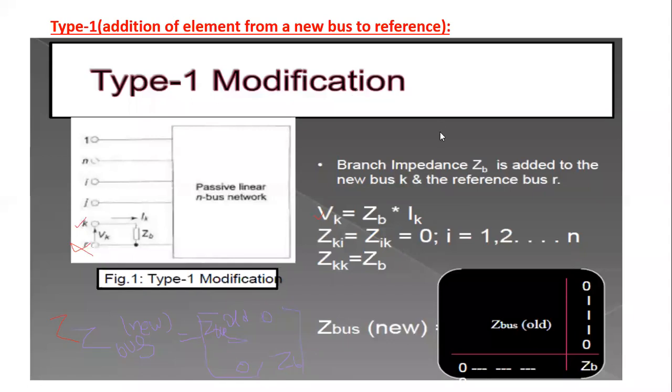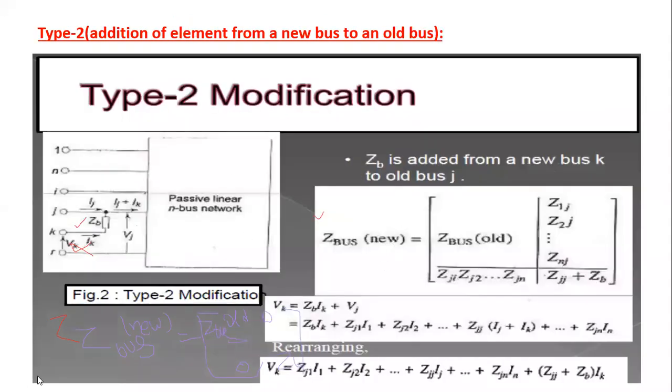When we are calculating the type 2 modification, the Z-bus old is replaced with this matrix: Z-bus old, 0, 0 and ZBR.